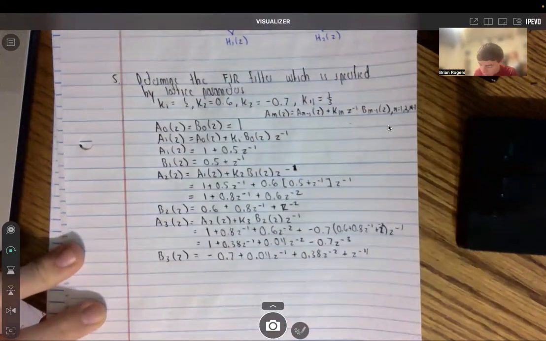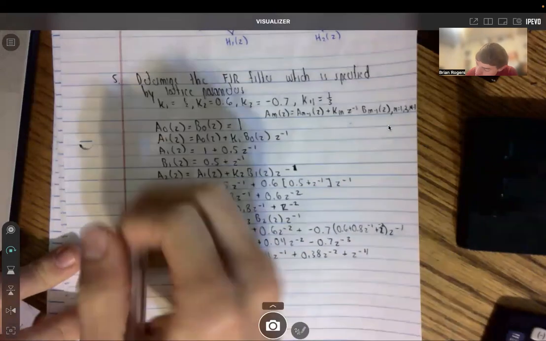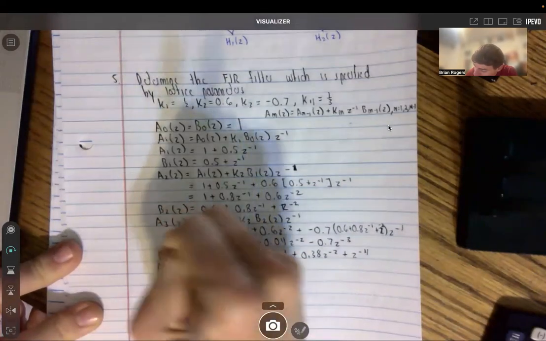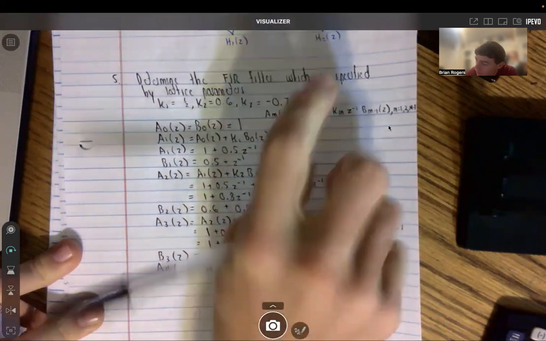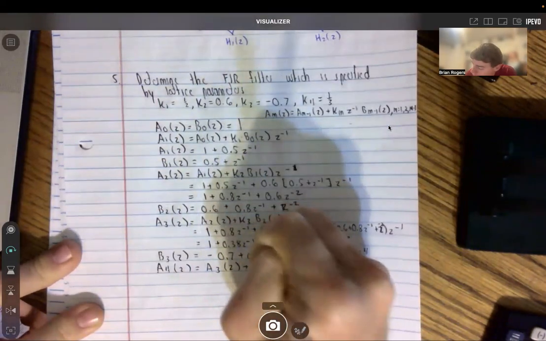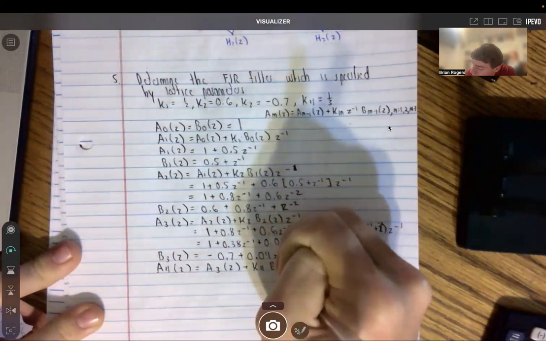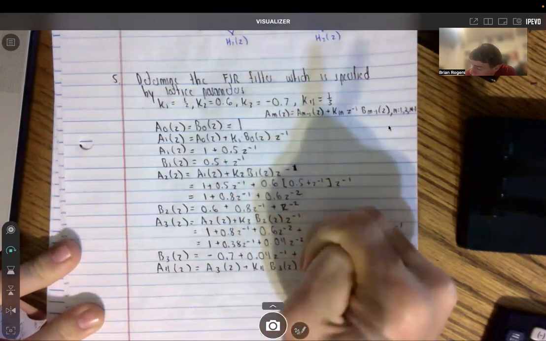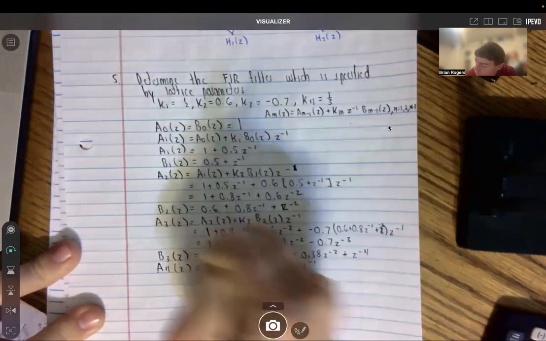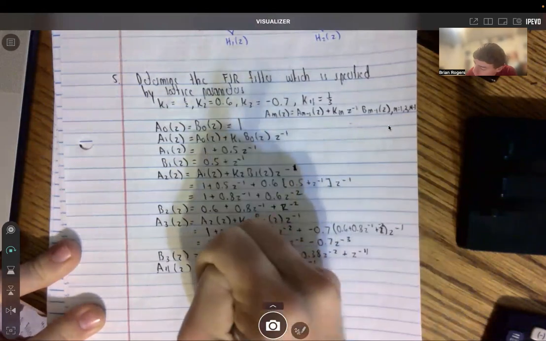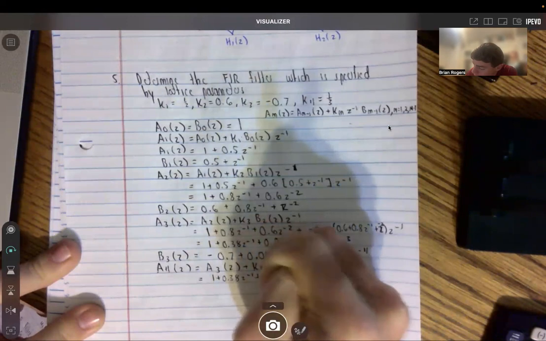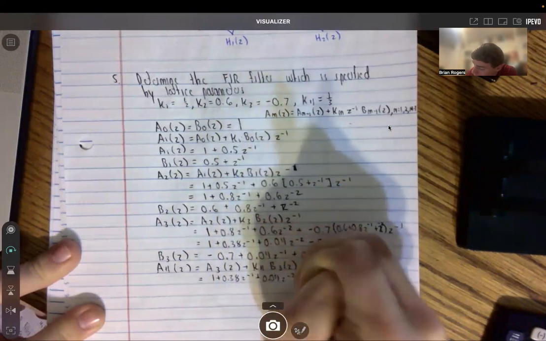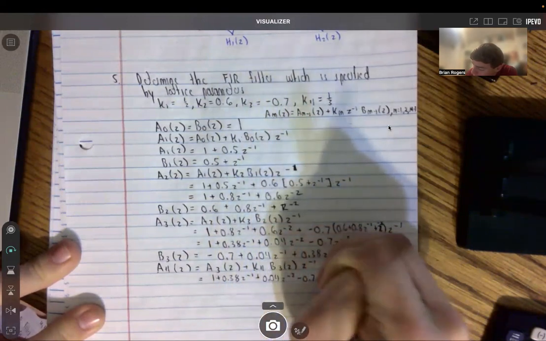Okay, and then our A4 of z is going to equal our A3 of z plus K4 times B3 of z times z to -1. You're going to get your A3 of z is 1 plus 0.38 z to -1 plus 0.04 z to -2 minus 0.7 z to -3.